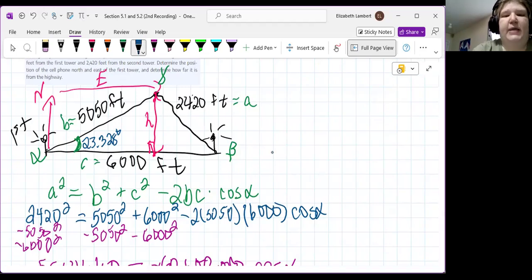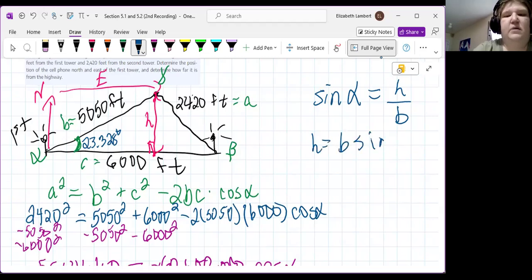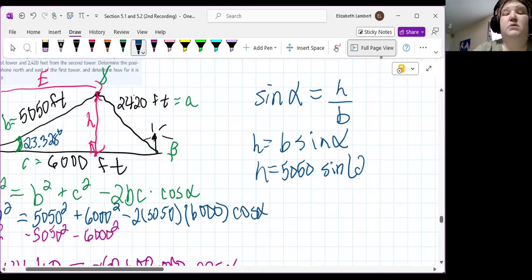So based on our triangle here, I can say that the sine of alpha, we just found the alpha, is opposite, which is the side we labeled H for height, and then hypotenuse is across from the 90, which is our side B. So H is B sine alpha. So 5050 times the sine of the thing we just got, 23.328.